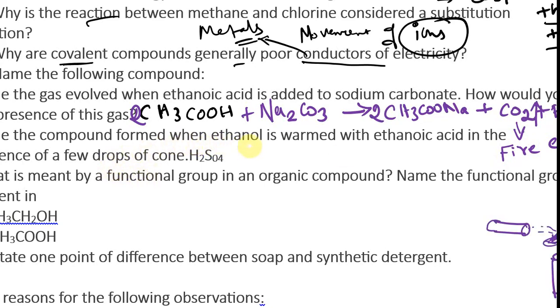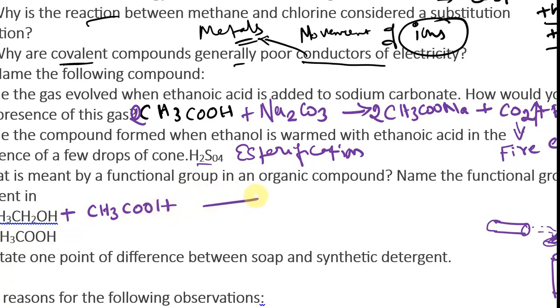Name the compound formed when ethanol reacts with ethanoic acid in the presence of a few drops of concentrated sulfuric acid. It's quite simple. What's the name of this reaction? Esterification. That is ethanol with ethanoic acid. Let me write the equation here. Ethanol is there already, ethanoic acid is also there. So CH3COOH, ethanol with ethanoic acid in the presence of an acid.